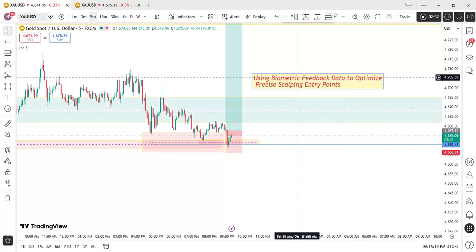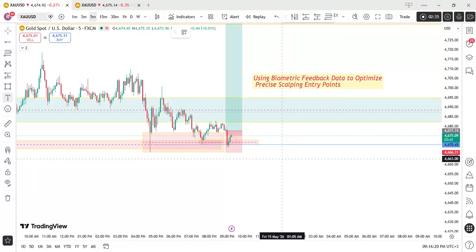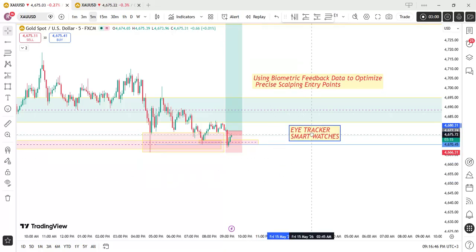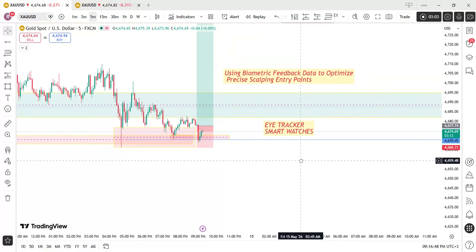For example, something like an eye tracker, and we're also going to be using smartwatches. I know these are easily available. We also have EEG headphones, HRV monitors, and so on. And these are what you're going to be using.